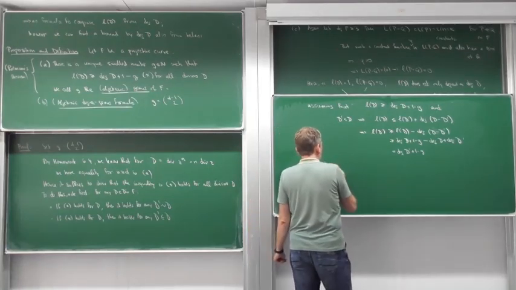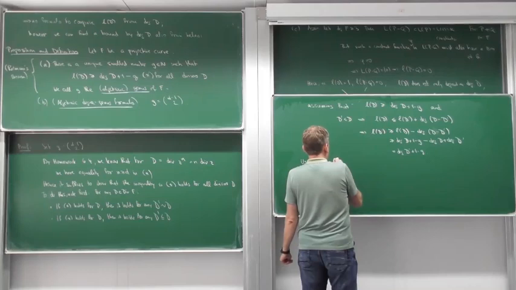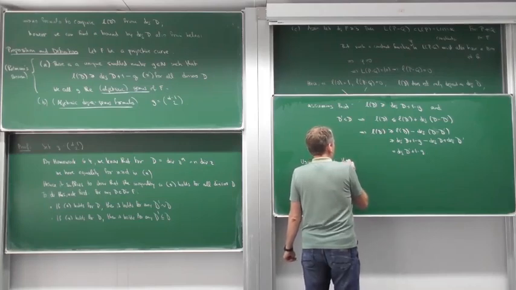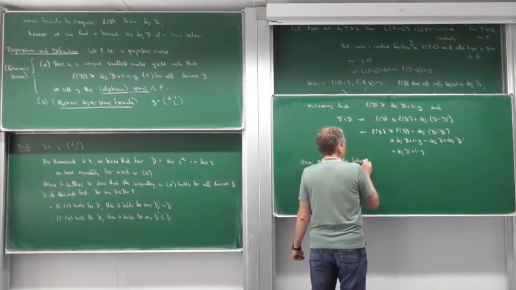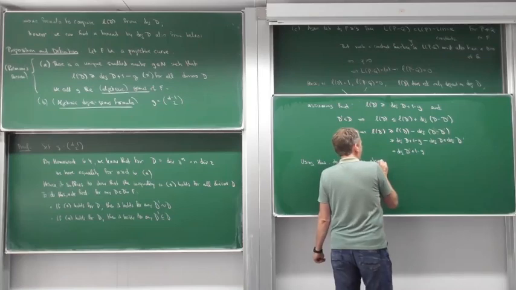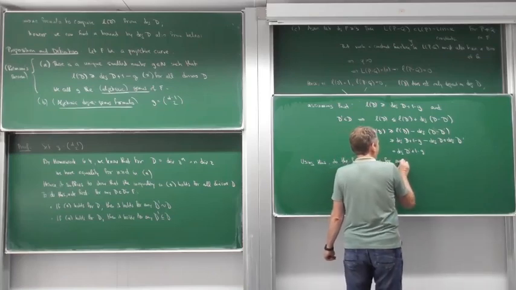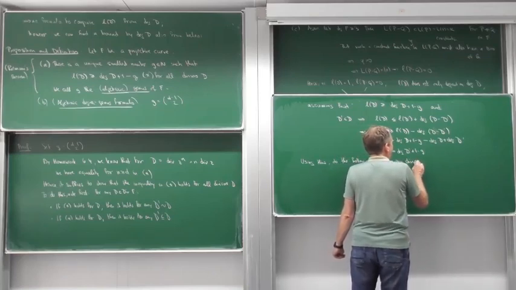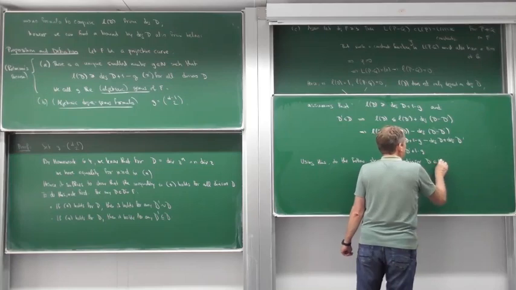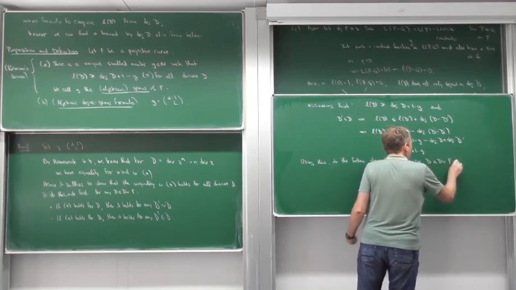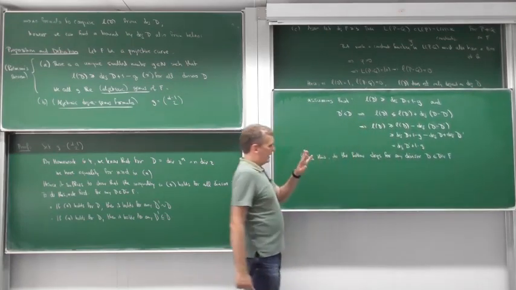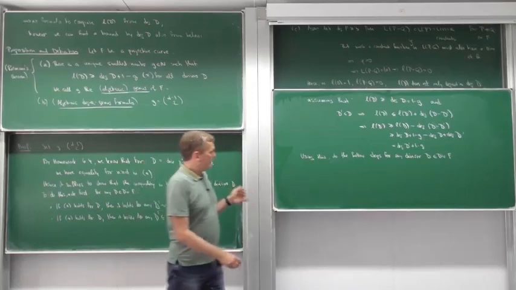We can do the following steps for any divisor D. First of all, we split it into positive and negative points.